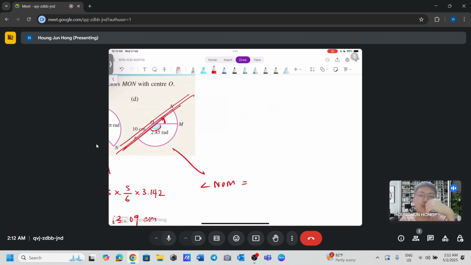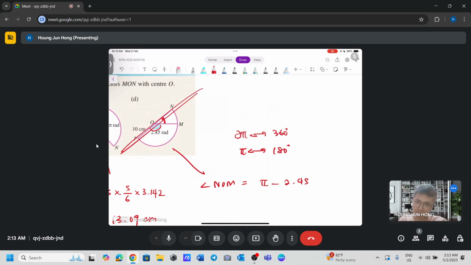If you feel confused, you can simply convert this back to degrees. But for now, if you have the idea, you should also remember that 2 pi is 360, so pi is 180. So this is basically pi minus 2.45, because 180 is a whole straight line, which is pi. Pi minus the other one gives you the other one.